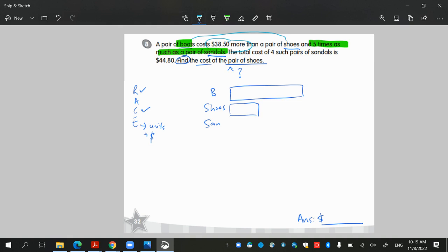So in other words, if I'm going to write it down at the side here, the boots is equal to the shoes plus $38.50 more. The same pair of boots is 5 times the cost of sandals.